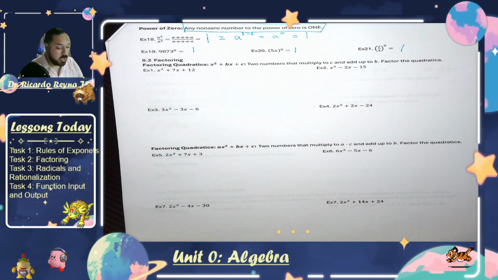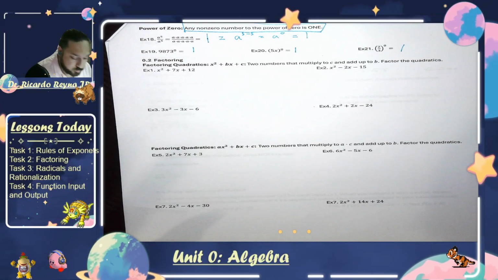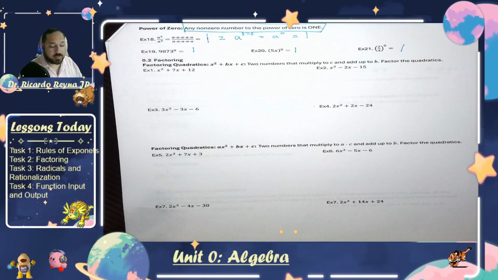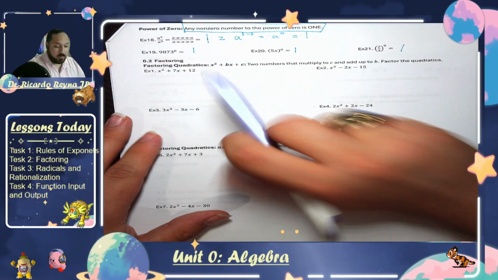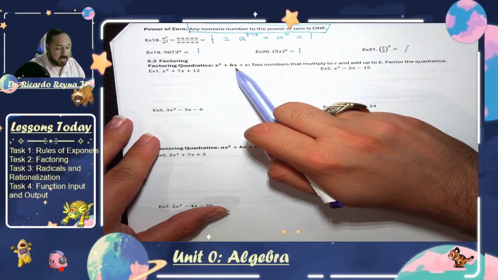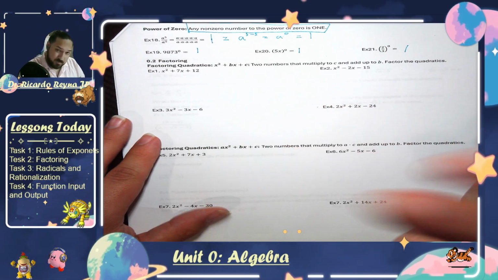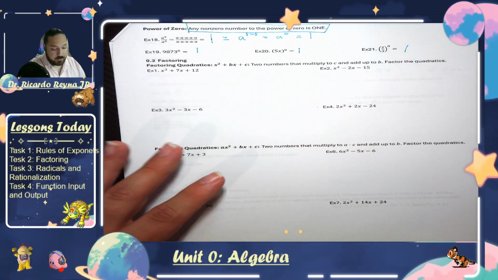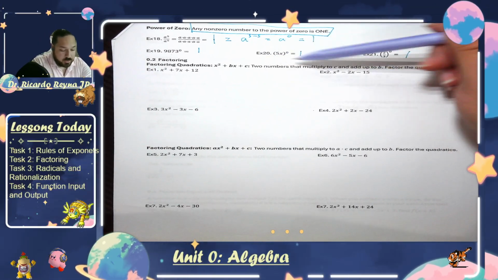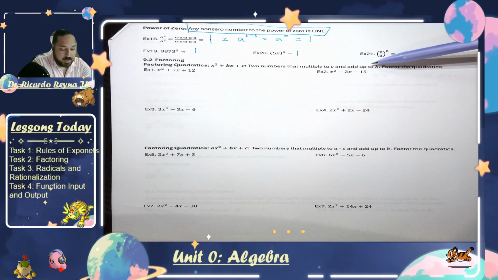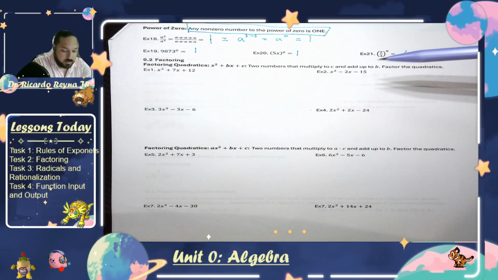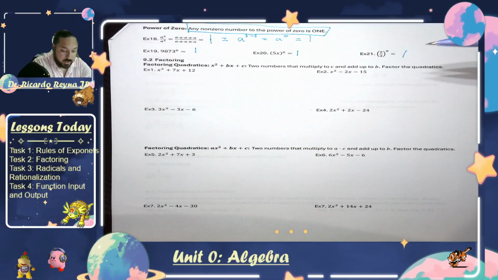part 2, factoring. So, quick factoring idea. Let's start with some simple quadratics. We have quadratics of the form x squared plus bx plus c. Now, some simple factoring will lead us to say that two numbers that multiply to c and add up to b will help us factor these quadratics.